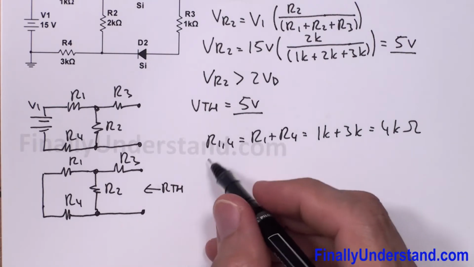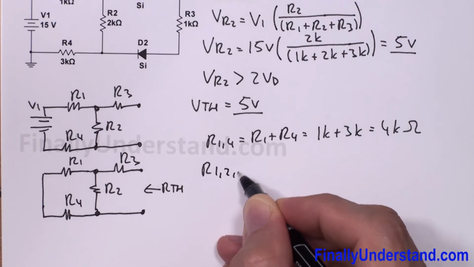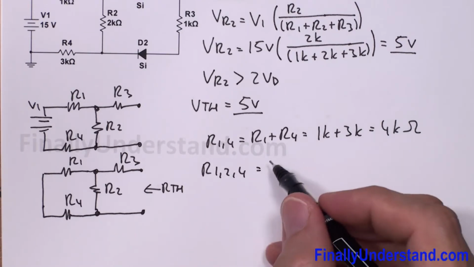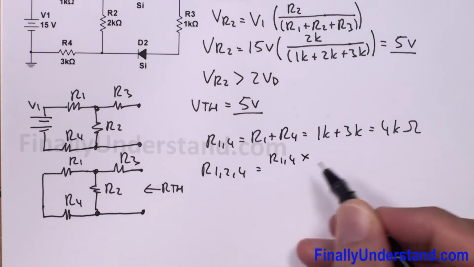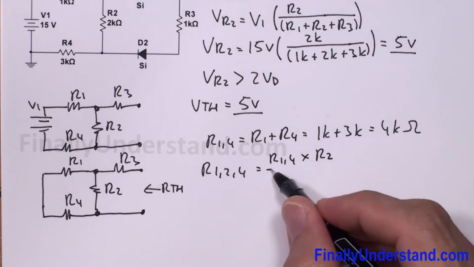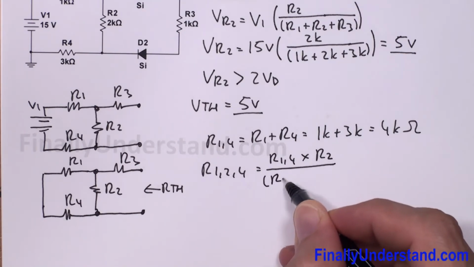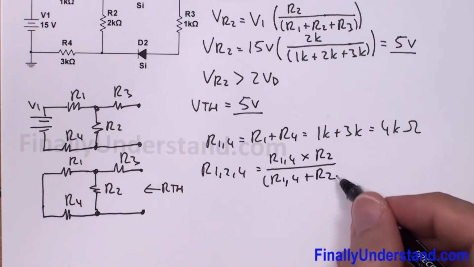That's why I'm going to find R124. Resistor R14 is in parallel with resistor R2, divided by R14 plus R2.